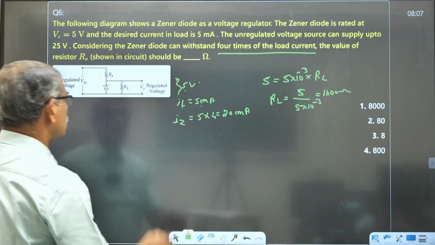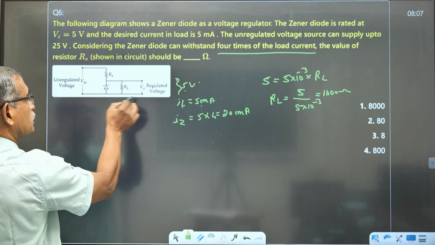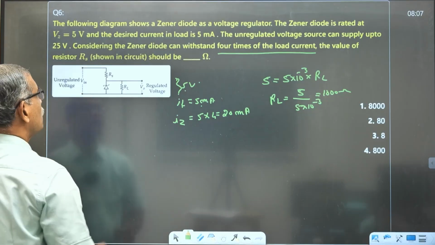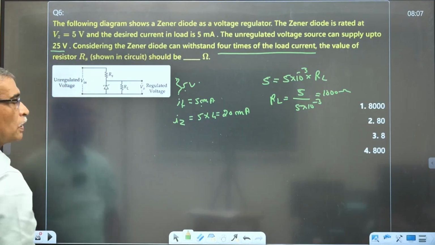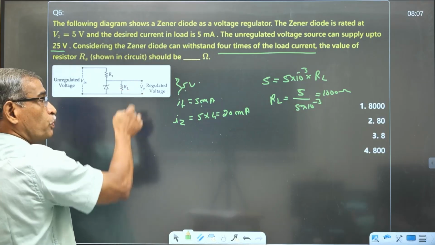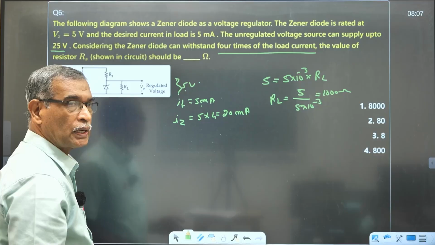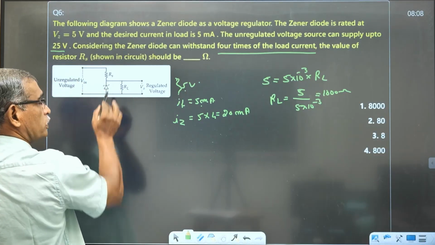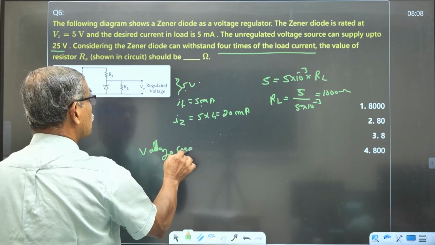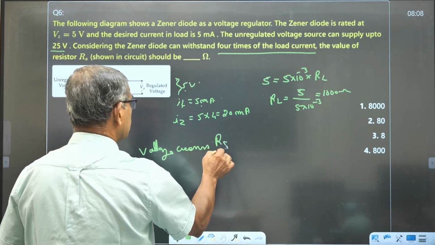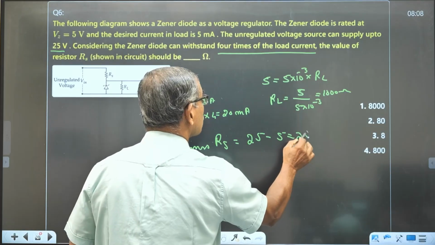The load resistance is 1000 ohm. Here, again by Kirchhoff law, the maximum input voltage is equal to 25 volt. Drop across the output is equal to 5 volt. Therefore, by Kirchhoff law, the excess is going to drop across RS. Voltage drop across RS is equal to 25 minus 5 is equal to 20 volt.